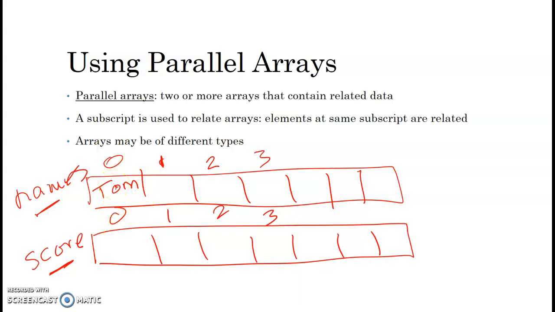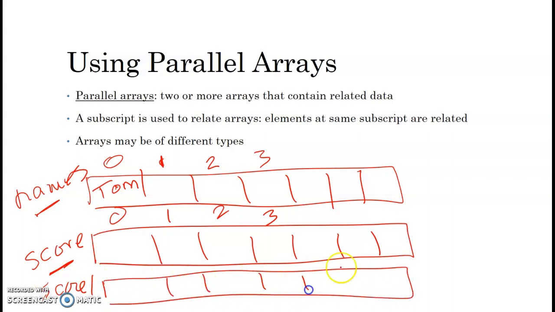Tom's in 0, so all of Tom's stuff is going to be in 0. So maybe I have a couple arrays. Anything that belongs to Tom will be in that first index. Anything that belongs to Mary will be in index 2. So we use parallel arrays when we have different data types, but we need to show a relationship between those different structures.